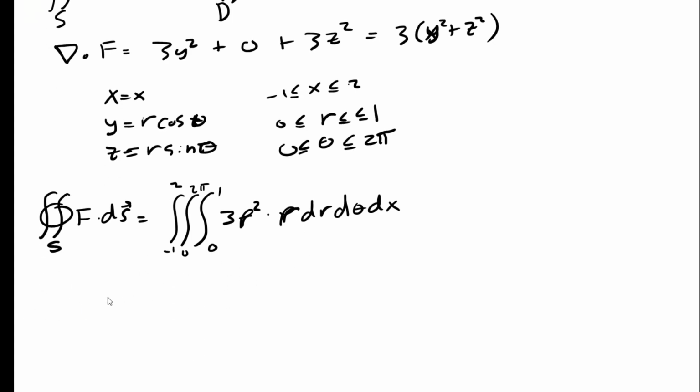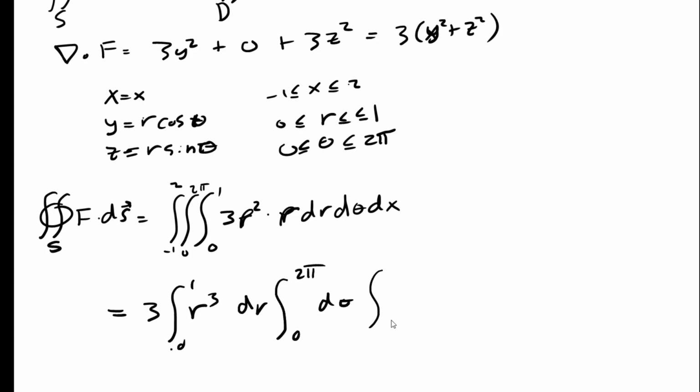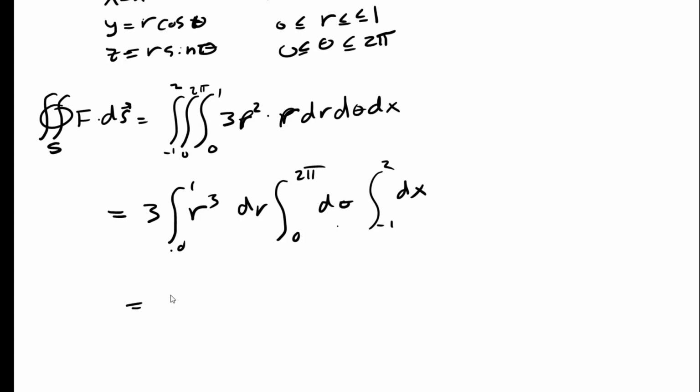It's separable, so this becomes 3 times the integral of r cubed from 0 to 1 dr, times the integral from 0 to 2 pi d theta, times the integral from -1 to 2 dx, which is just going to give me 3 times 1/4 times 2 pi times 3, which is 9 times, those cancel, 9 pi over 2.